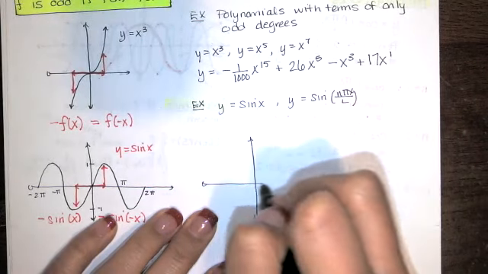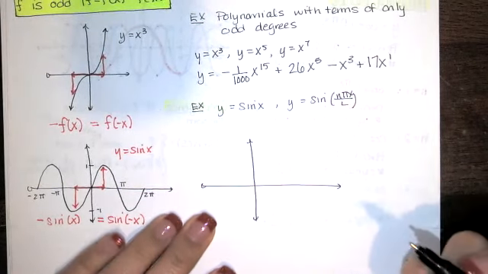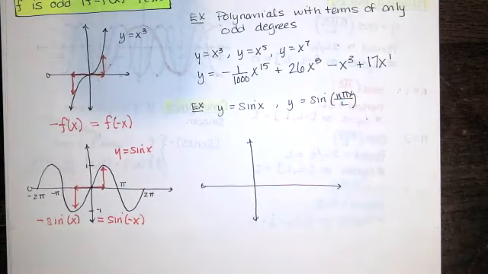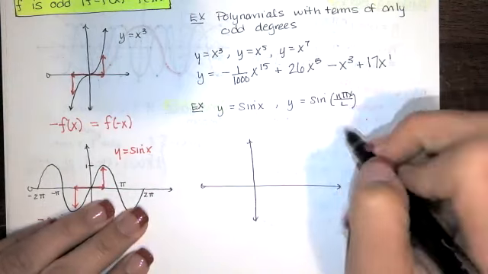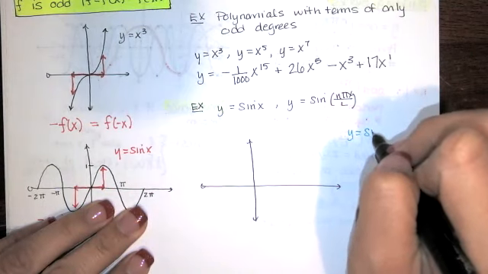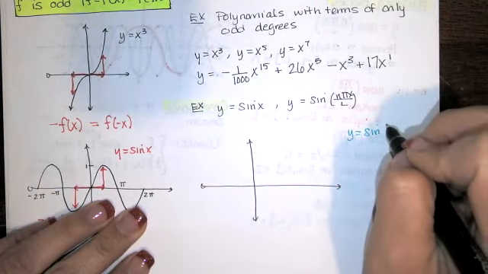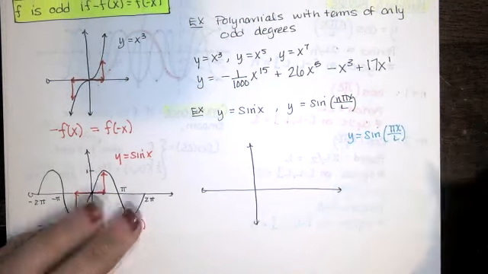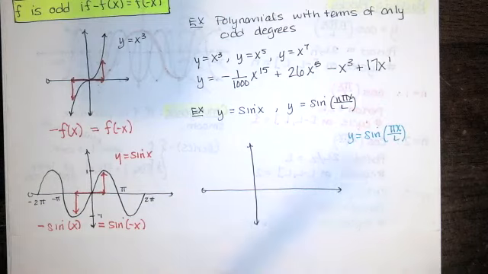Now sine of n pi x over L is similar. Let's use n equals 1. So we'll have pi x over L. This is a function with period 2L.